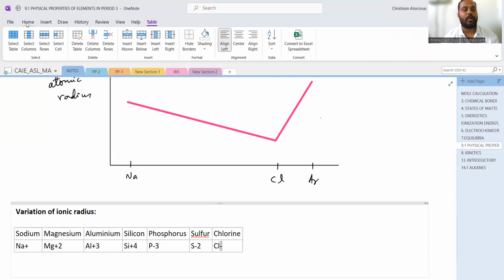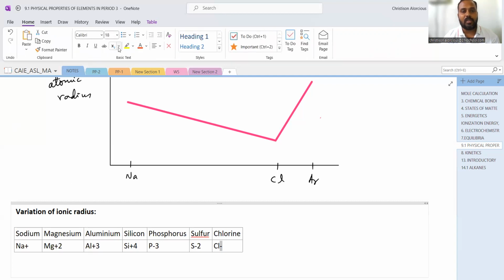So as you can see, there are two distinct sets of ions. The first four elements, sodium, magnesium, aluminum, silicon, are cations, while the next three are anions.